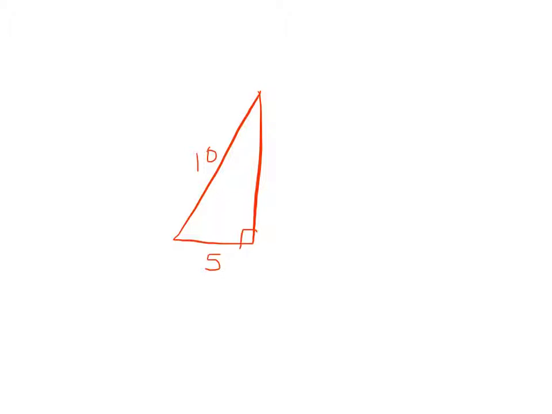Using those 2 bits of information, we can say 5 squared plus, and I'll just call it n for now, n equals 10 squared. That's going to be 25 plus n equals 100. 100 minus 25 is 75. And we find the square root of that 75.